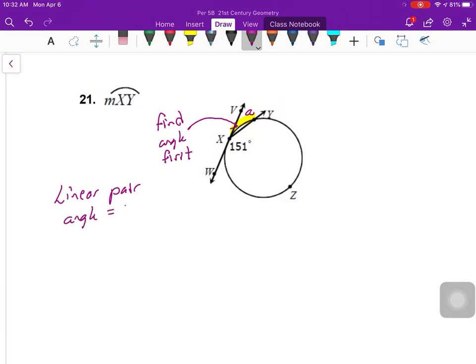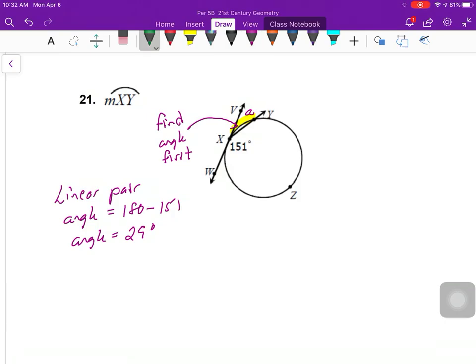And we'll find that angle by using a linear pair. That angle will equal 180 minus 151.